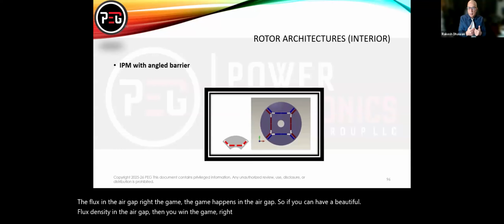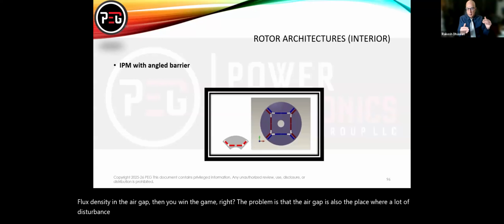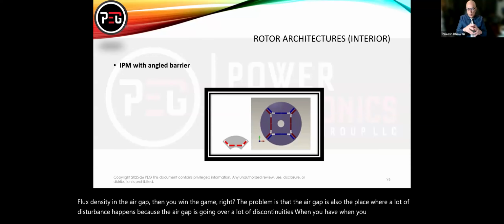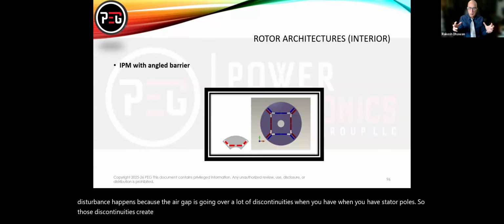The problem is that the air gap is also the place where a lot of disturbance happens, because the air gap is going over a lot of discontinuities when you have stator poles. So those discontinuities create harmonics. Those discontinuities create noise, right?